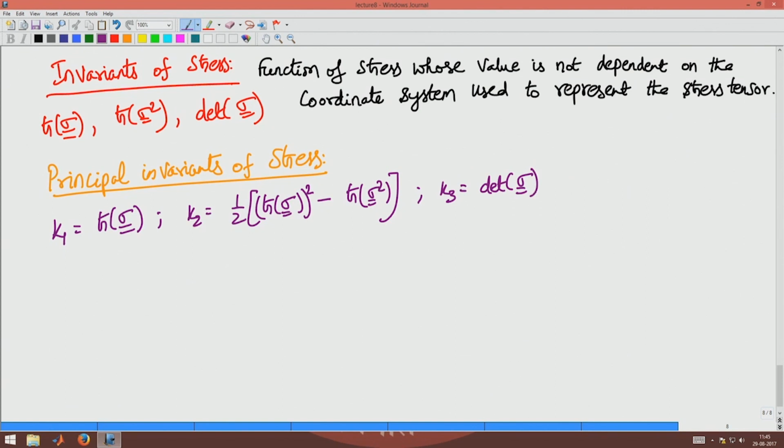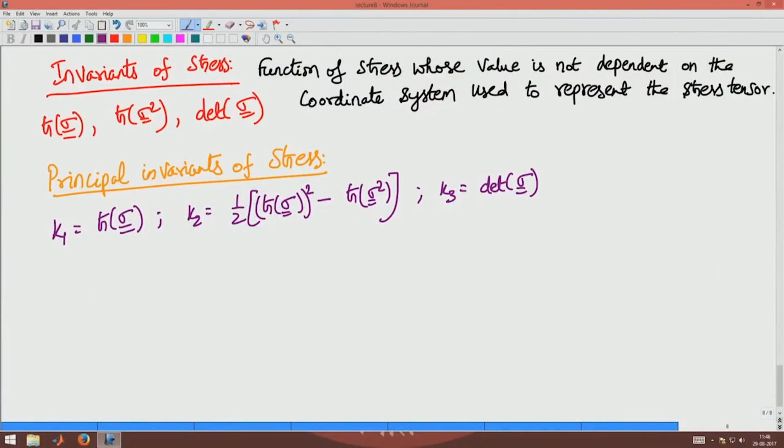This K1, K2, K3 are called the principal invariants of the stress tensor. That is, these values do not depend on the coordinate system. The value of K1, K2, K3 is independent of the coordinate system used to represent the stress tensor.